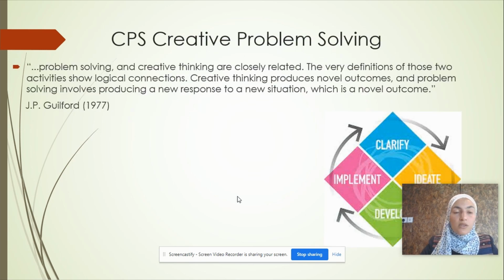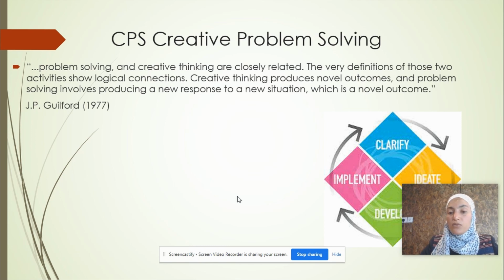Okay. So we'll start now talking about creative problem solving. Actually, problem solving and creative thinking are closely related. The very definitions of these two activities show logical connections. Creative thinking produces novel outcomes, and problem solving involves producing a new response to a new situation, which is actually a novel outcome too.